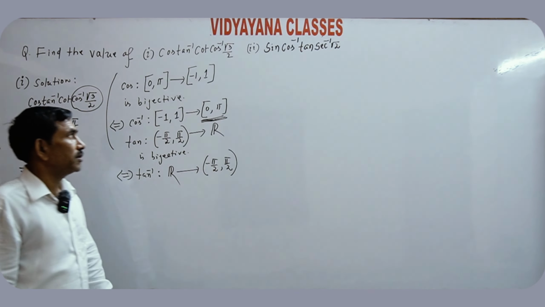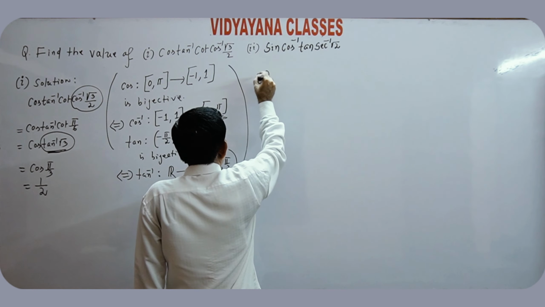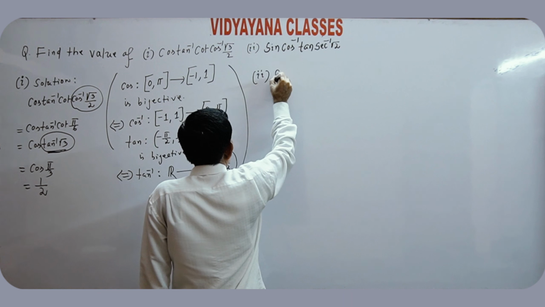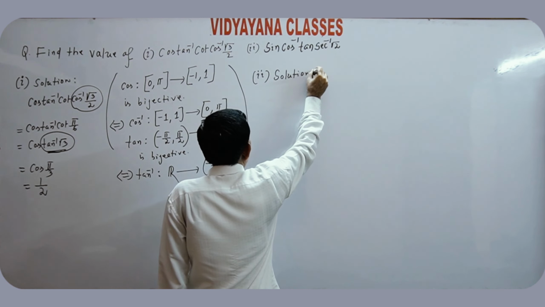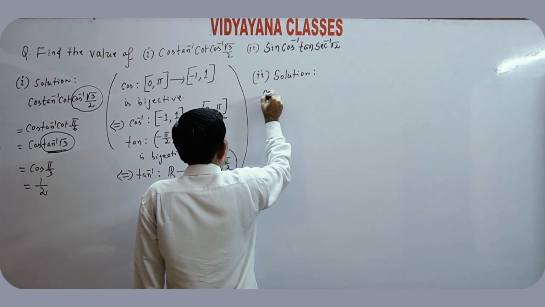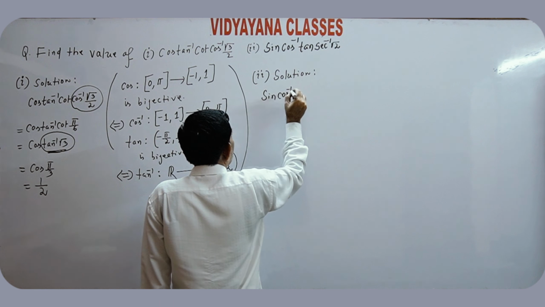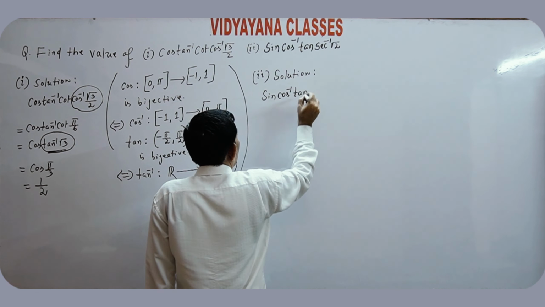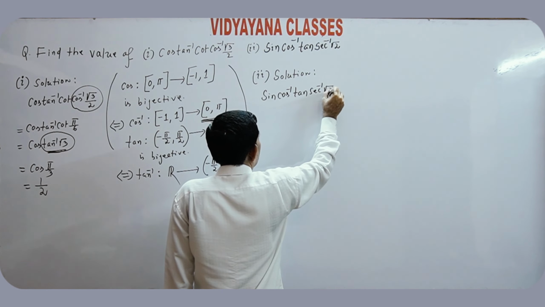Clear? Next, second bit. Solution: sin cos inverse tan sec inverse root 2.